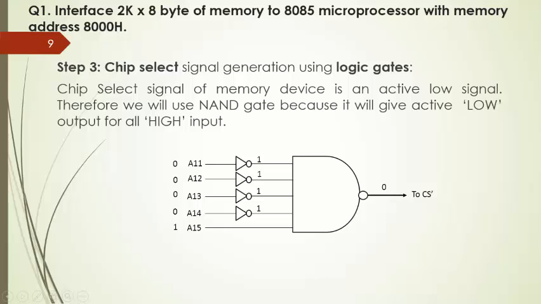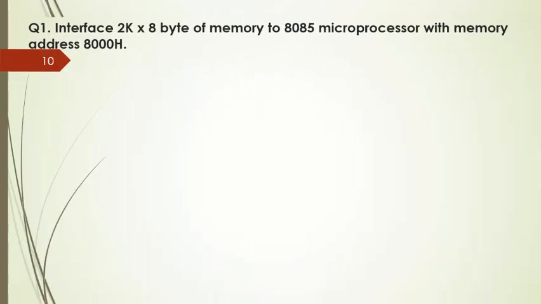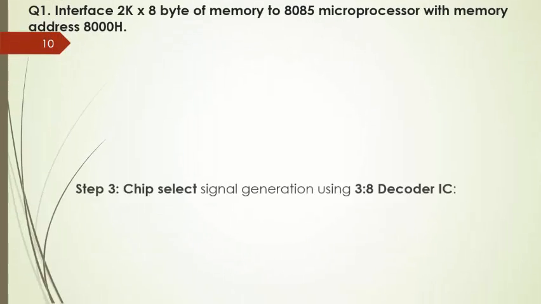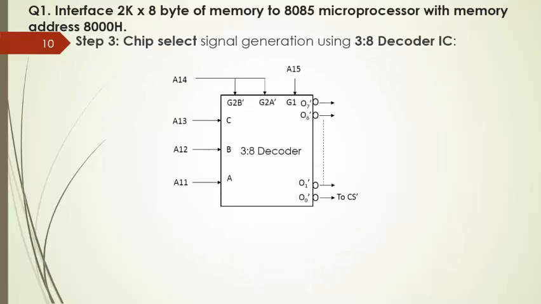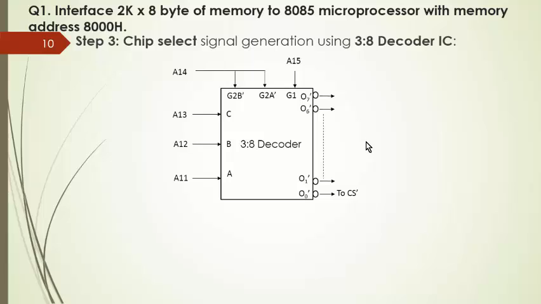So this is the generation of the active low chip enable signal or chip select signal by using logic gates. You can use the basic gates, derived gates and universal gates to generate chip select signal.